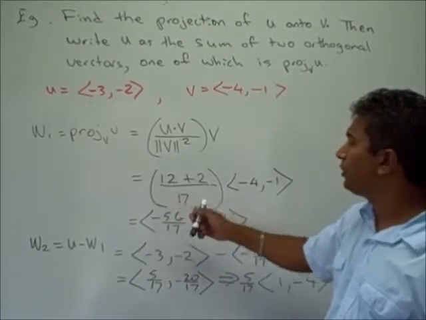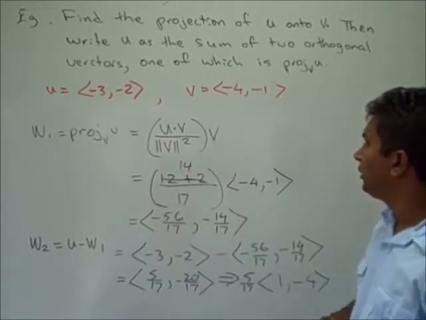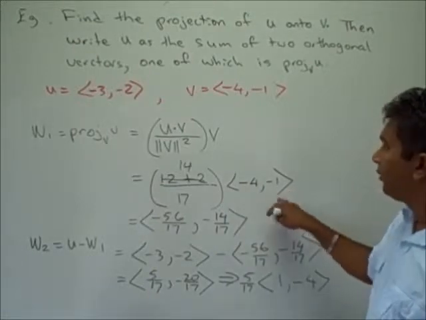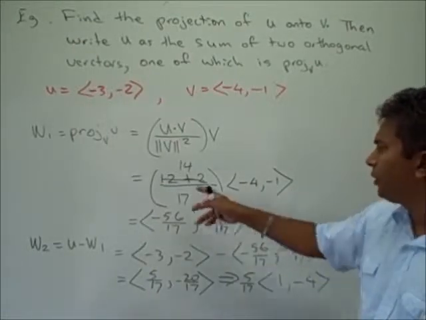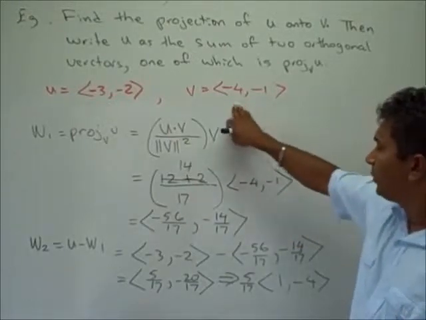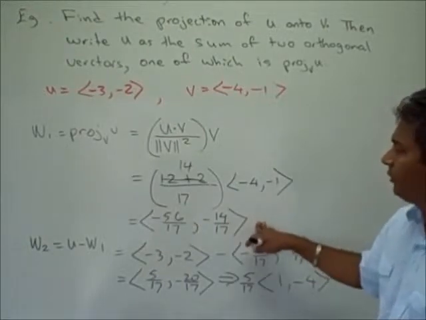So this reduces to just 14 over 17 times vector v, which is <-4, -1>. And if we distribute the 14 over 17, we get -56/17 and -14/17.